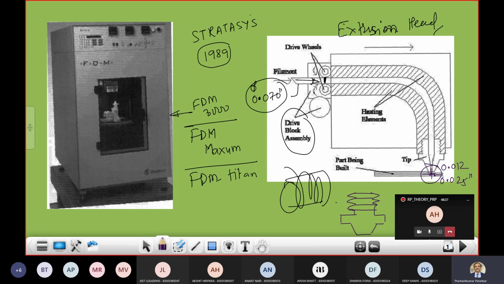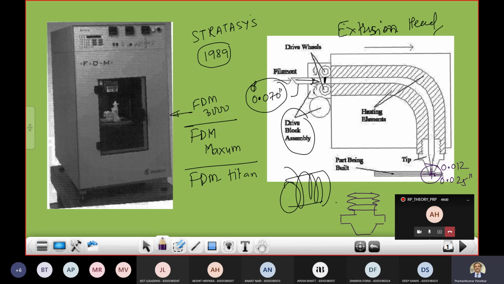The tips at the ends of those heads extrude the filament, and as it comes out it is cooled and solidifies.